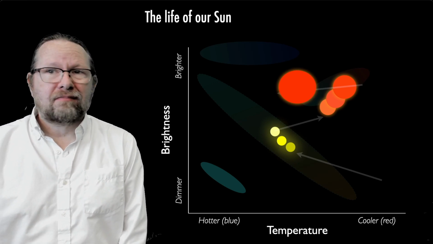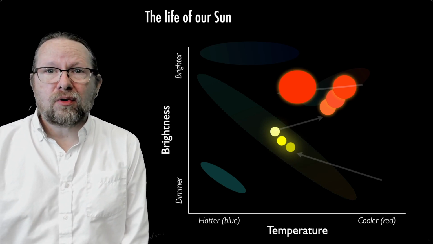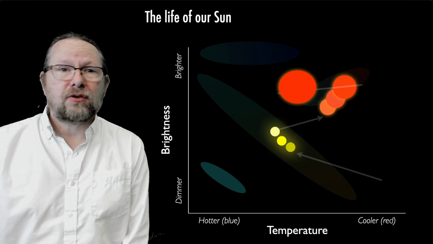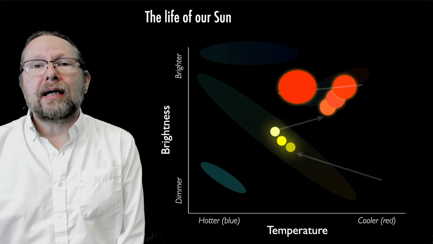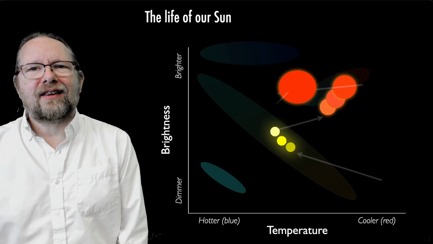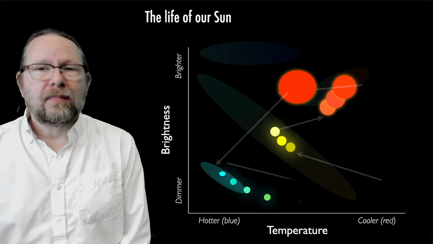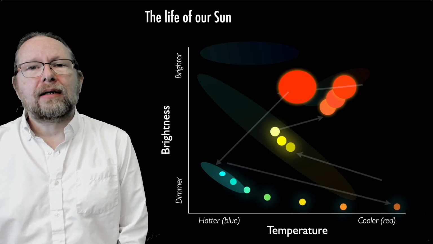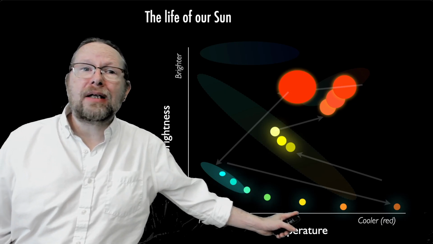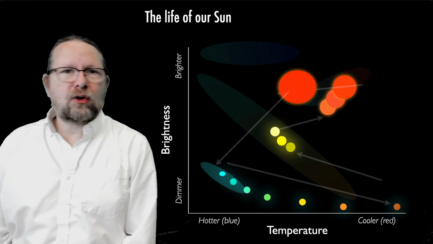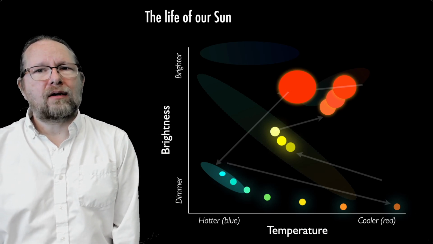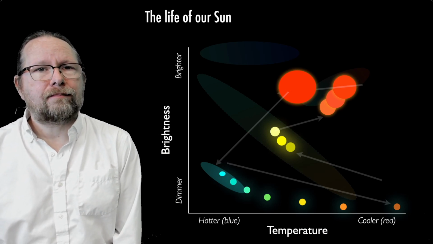After that, 50 million years or so long process of fusing helium into carbon, it will run out of options, essentially, and the fusion will stop, the outer layers will leak away, leaving behind a white dwarf that will, over the next hundreds of billions of years, gradually get cooler and cooler and dimmer and redder and redder. That is what the future of the sun looks like.